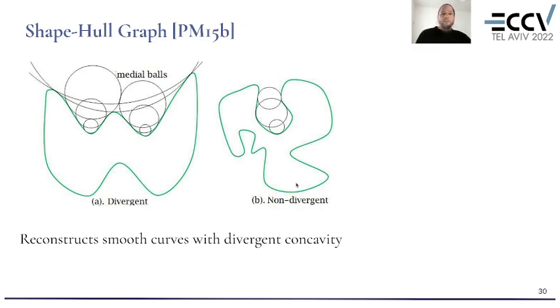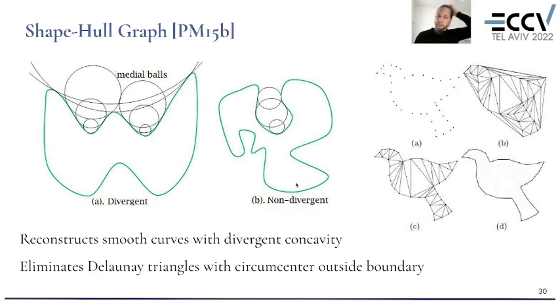And so the radius size of these medial balls becomes monotonously smaller when going into such a divergent concavity. On the right you can see an example where it's non-divergent, so you can see the medial ball is small, it becomes larger again before becoming smaller. So this does not fulfill the condition, and the shape hull cannot reconstruct this example. The algorithm basically eliminates Delaunay triangles whose circumcenter is outside the current boundary to extract this shape.